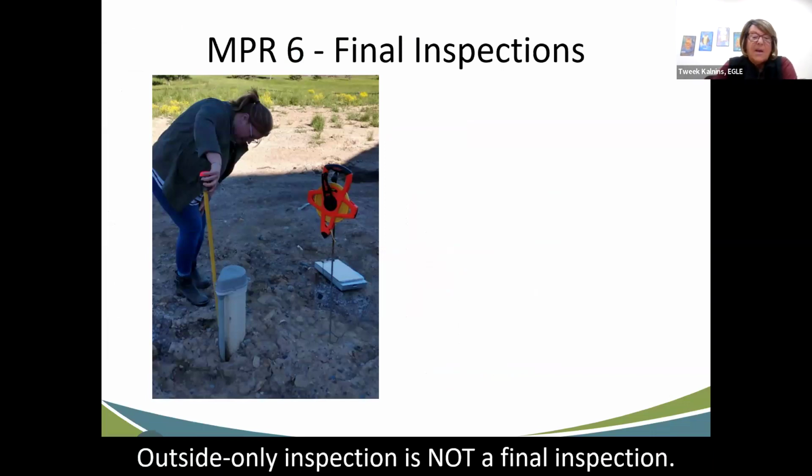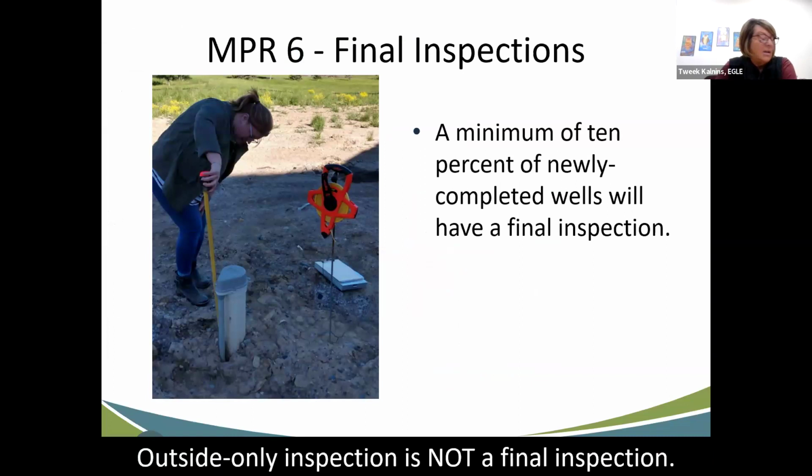Also addressed in the MPRs are final inspections. And if you notice on the bottom, when we're looking at counting final inspections for the MPRs, an outside only inspection is not a final inspection. It's defined within the MPRs what a complete final inspection is.